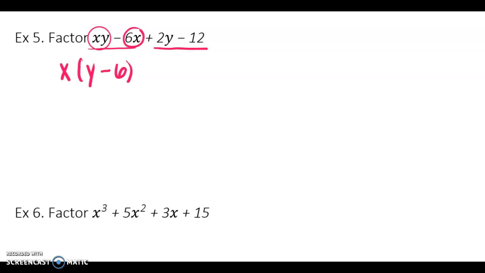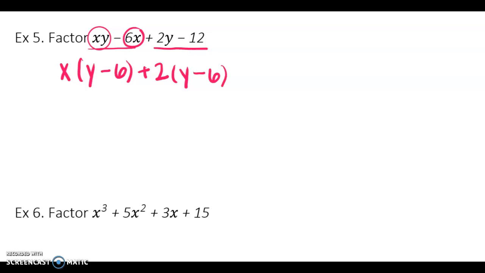All right, so then the next one, you have 2 and 12. So the highest thing I could divide both of those by is a 2, so that's going to be plus 2. And then I can't divide out a variable because they both don't have y's. So 2y divided by 2 is y, and minus 12 divided by 2 is minus 6.